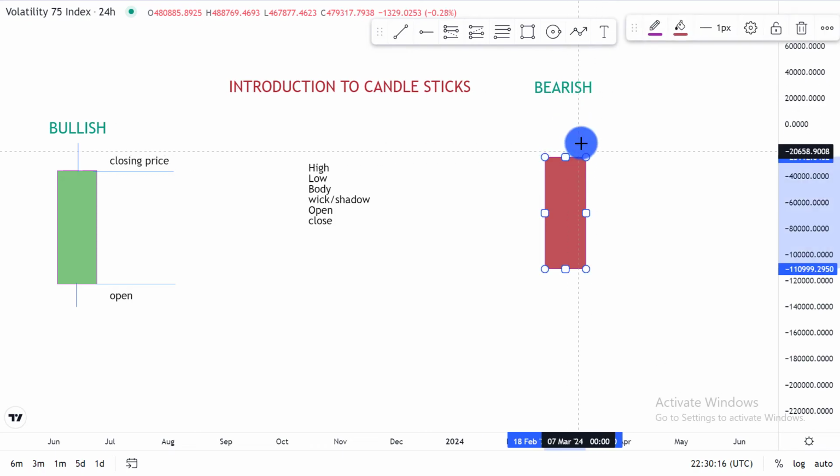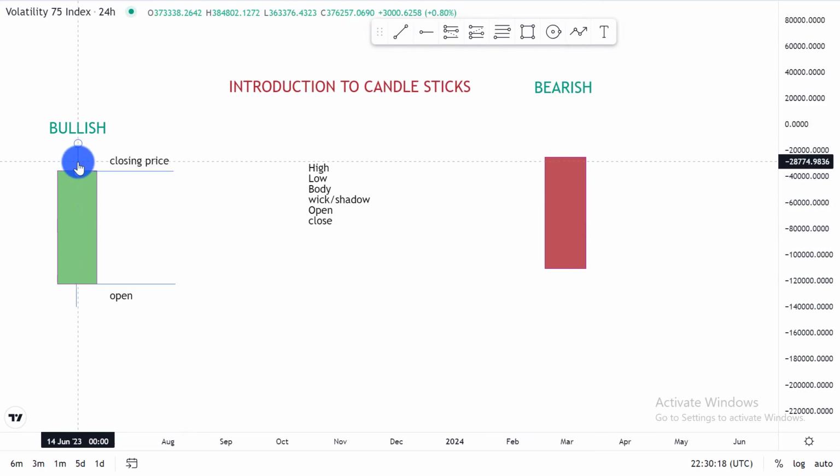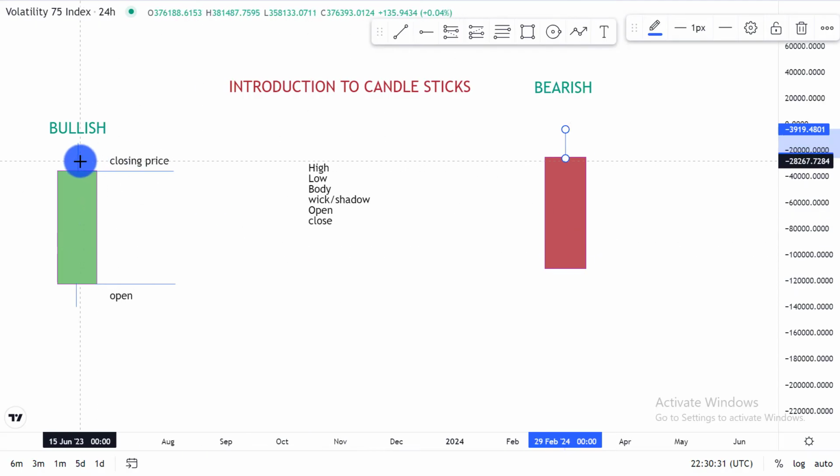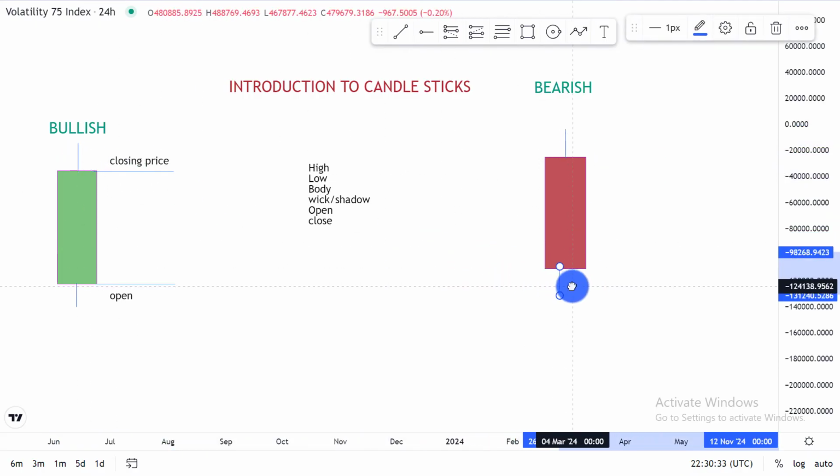However, when we see the candle opens high and then trades up to that price level, that's the high here, then we start to see rejection until price traded low.